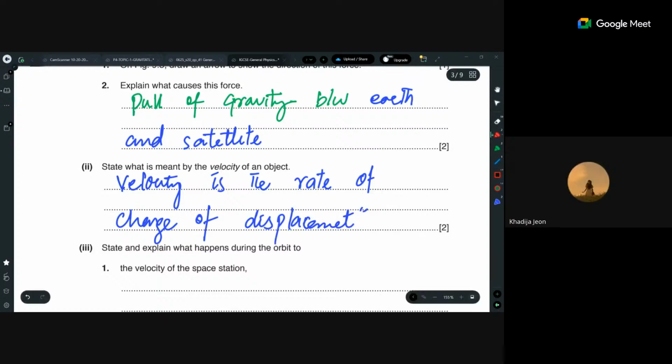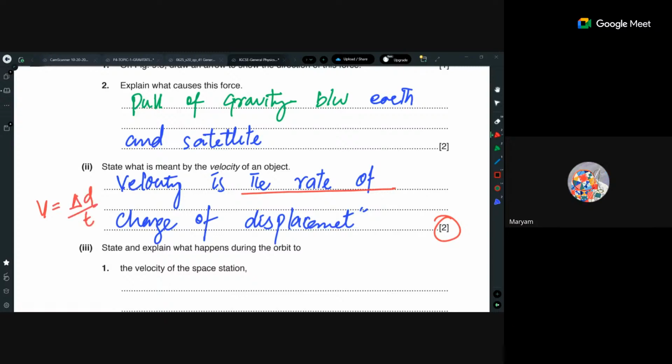Yes, sir. So what if I write the formula in words? Yes, you can write, but the important thing is you have to write a proper definition. I wrote the definition in words, basically the distance traveled per unit time taken.